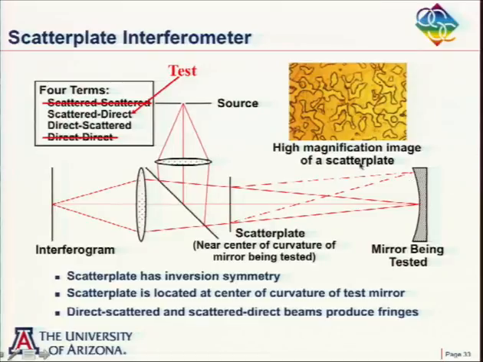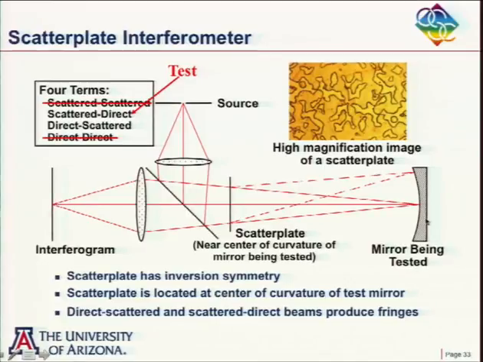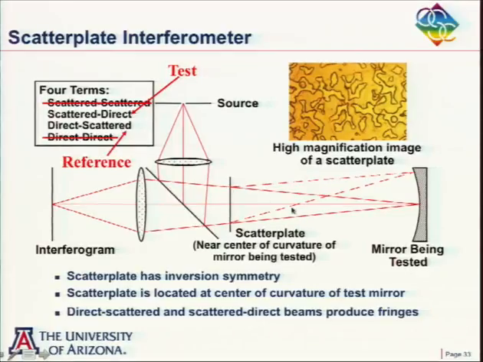And it's going to turn out that this test beam, when I interfere with my reference beam, it's going to give me an interferogram just like I would get with a Twyman-Green or a Fizeau, except for this hot spot. And in fact, I have some background scattered light, which reduces the contrast a little bit. So this is going to be my test beam.